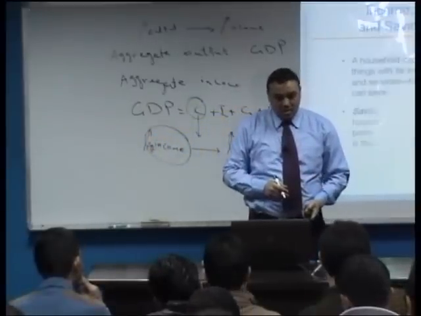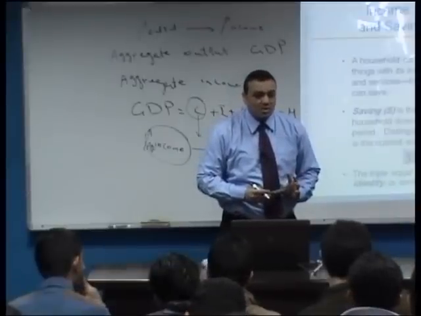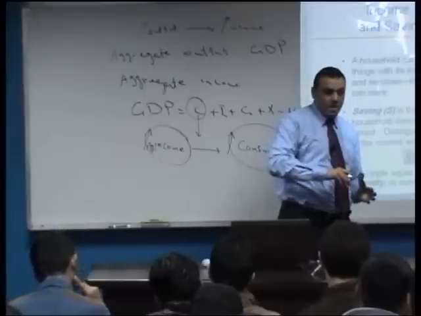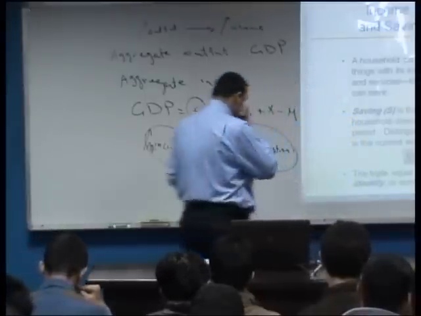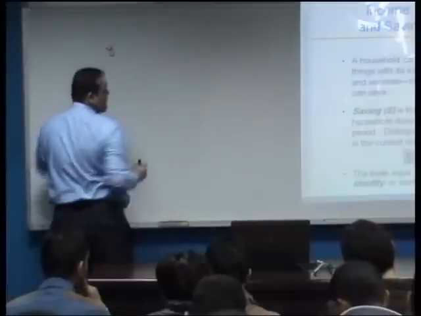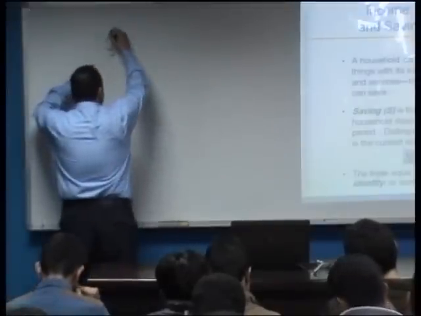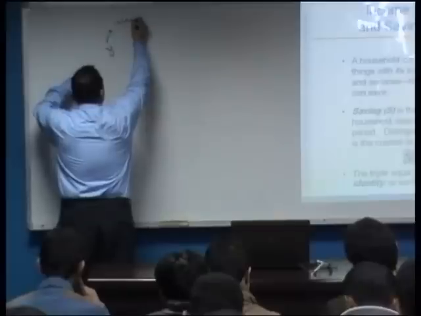Okay. Let's go to consumption, the relationship between income, saving, and consumption. For the household, you are a household. Suppose that you receive income, Y, which is the aggregate income that the household sector receives. Y means income, or the abbreviation of income.